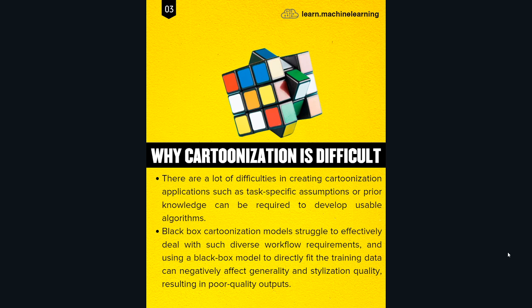And why are we using machine learning here? Because when we are cartoonizing the images manually, we'll be facing a lot of difficulties. We need to have task specific assumptions, or prior knowledge, to develop any usable algorithms.